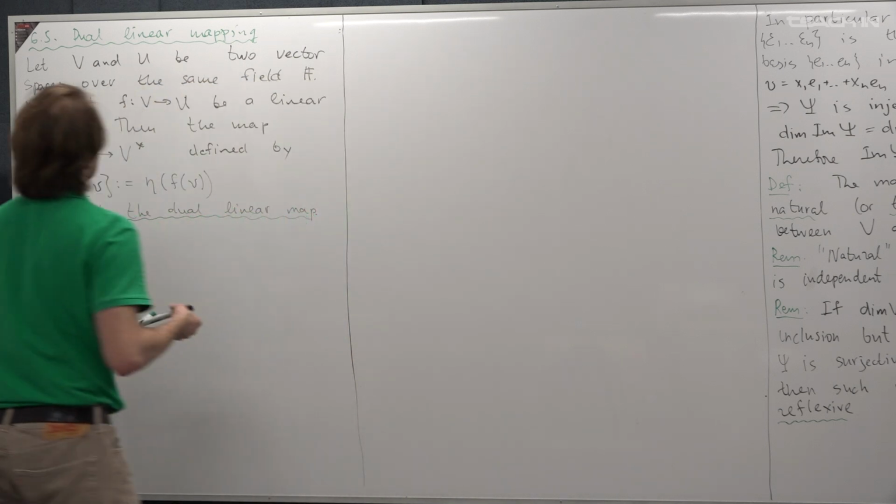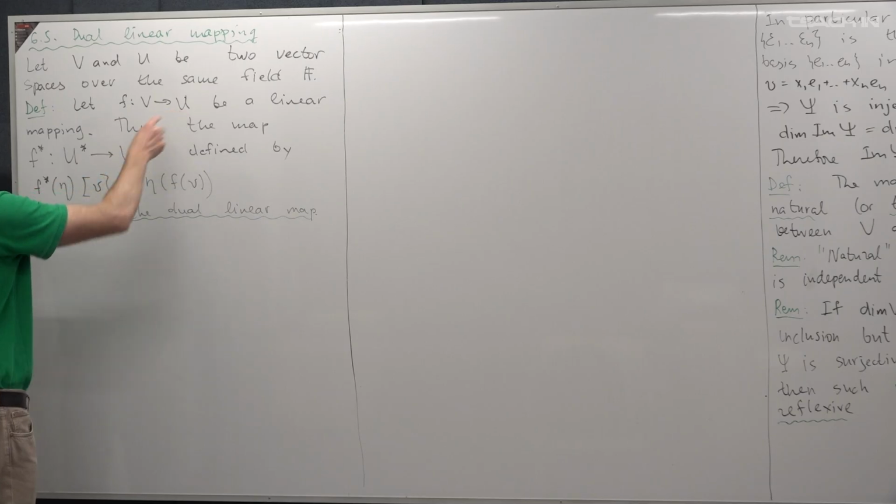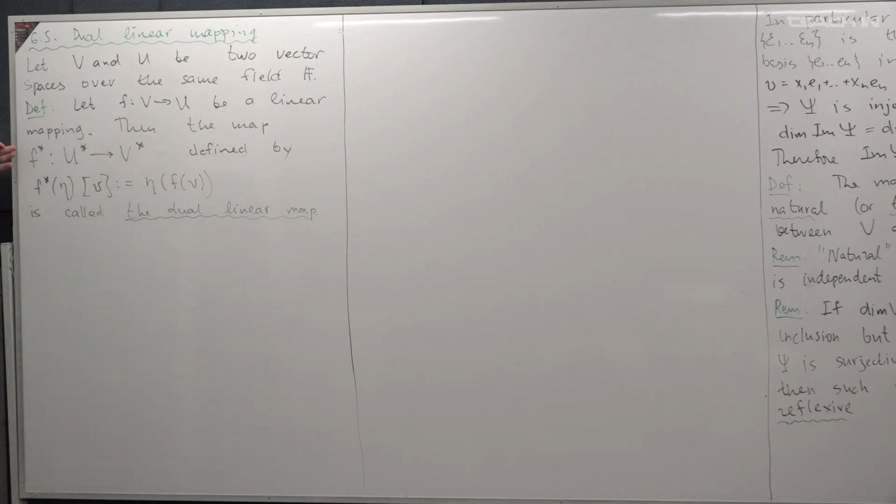So what is important here is that in this construction f acts from V to U, but the dual map in some sense acts in the opposite direction. So it takes the dual space to the second space and maps it to the dual space to the first space. So we take any element from the dual space to the second space. So this should be an element of the space V star.